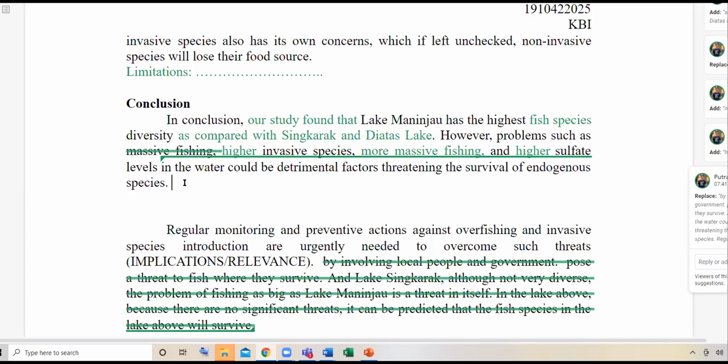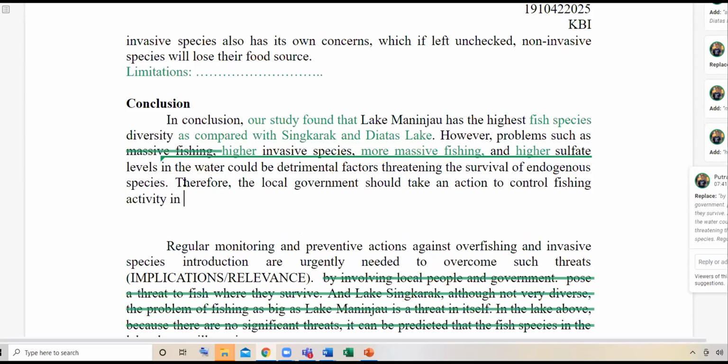For example, you just put "these results mean" or "therefore". For example, the very simple one is: therefore, the local government should take actions to control the fishing activity in the regions of those three lakes.